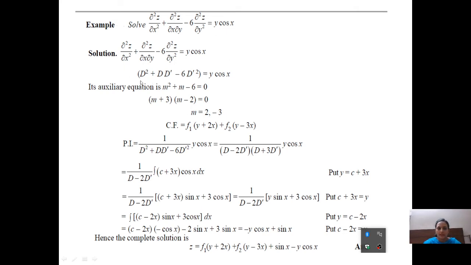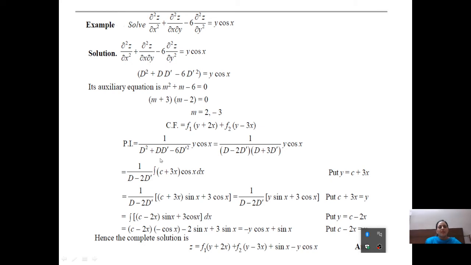To solve this, first we will focus on the CF part. CF part solution follows d to be placed as m, d dash to be placed as 1. We will frame the auxiliary equation, factorize the equation and obtain roots. After obtaining roots, we will place these values of m in the complementary function formula itself.